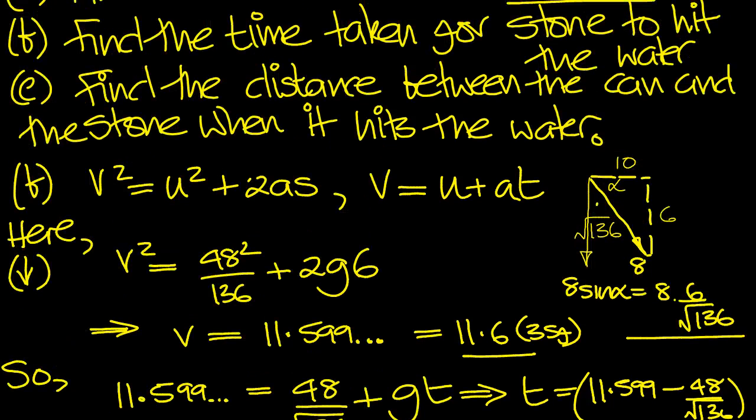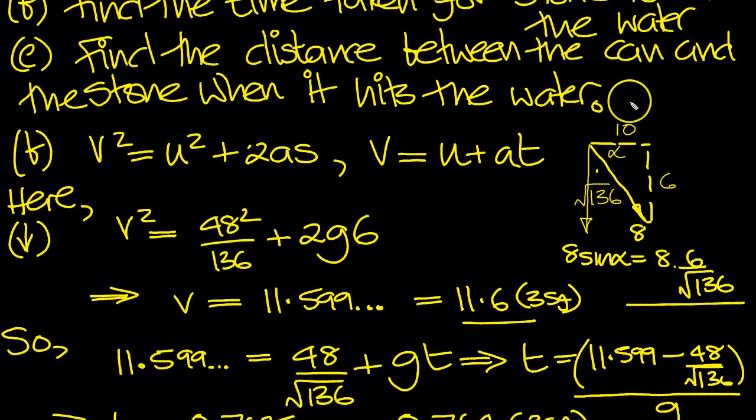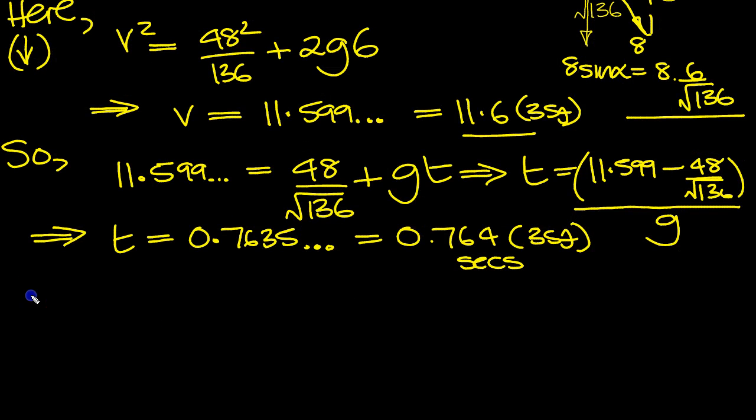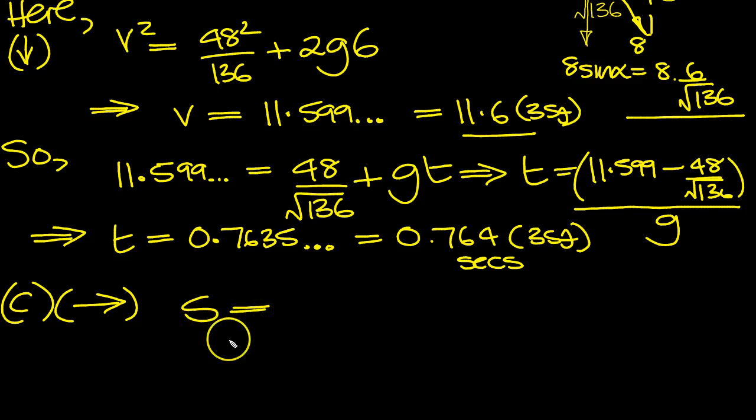Now part C. Find the distance between the can and the stone when it hits the water. First, the horizontal distance of the stone. We want the distance s of the stone, how far the stone comes out from the quay, which is ut plus half a t squared.